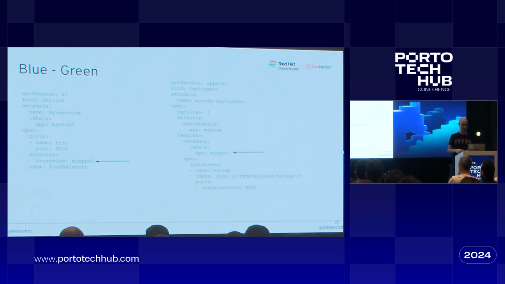Now, if I deploy a version 2, the label is going to be app my-app-v2, and the only thing that I need to do is change the service selector to my-app-v2. So I can do this kind of thing, right? With Kubernetes, I can play with labels to route the traffic to one pod or to another pod.